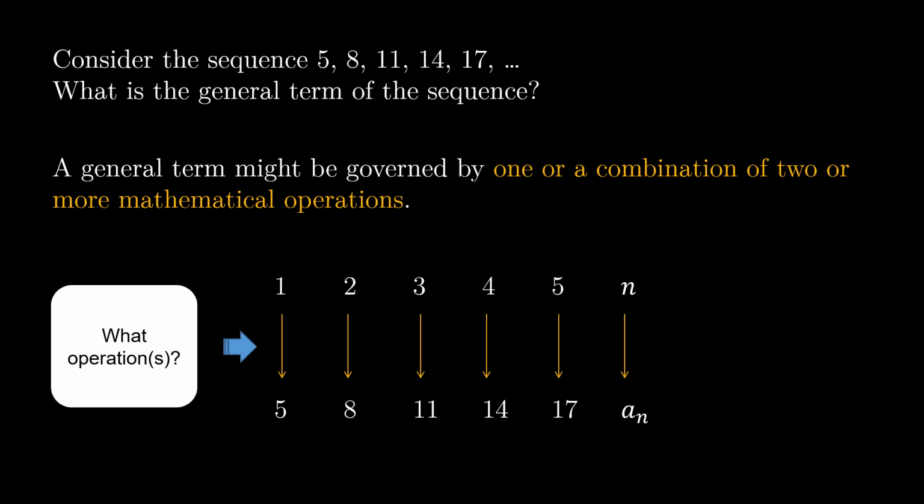Out of that, we can make a formula, the general term or the nth term of the sequence. So let's try to do this. n equals 1 is 5, n equals 2 is 8, n equals 3 is 11, and so on.